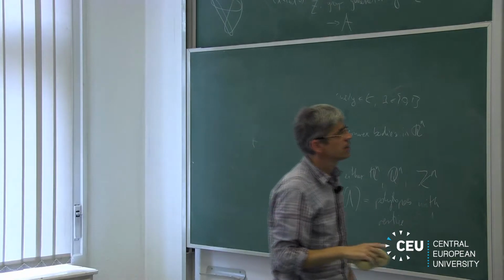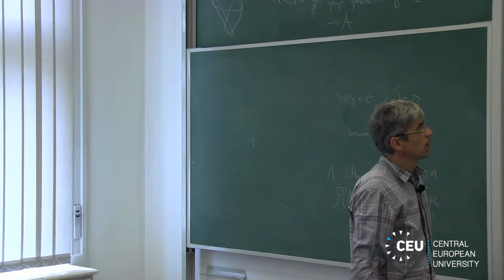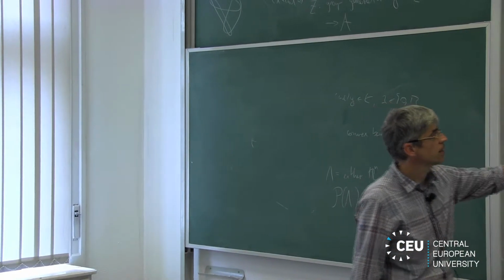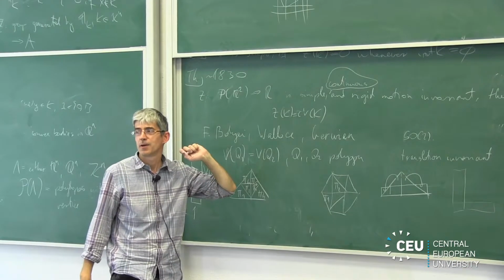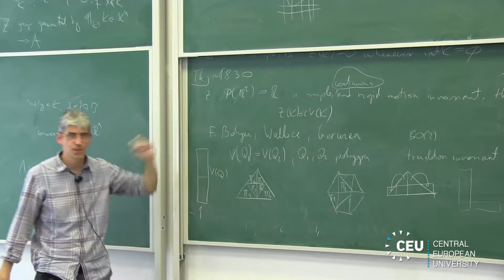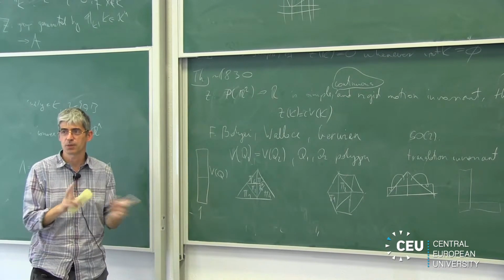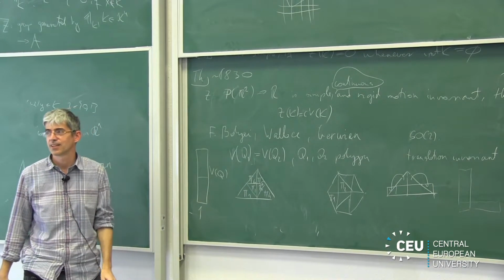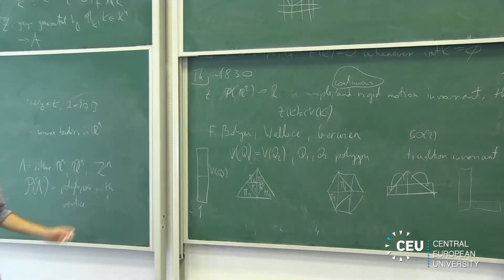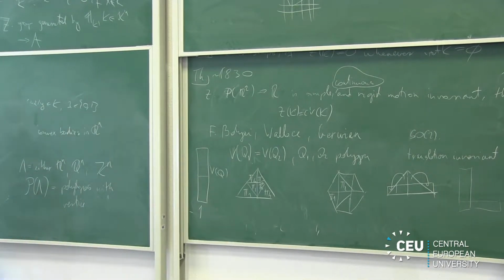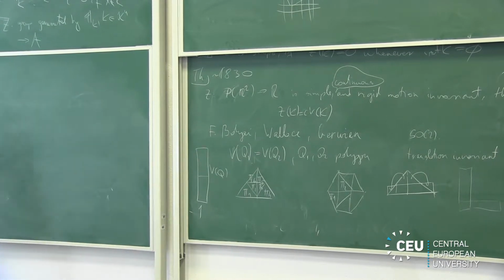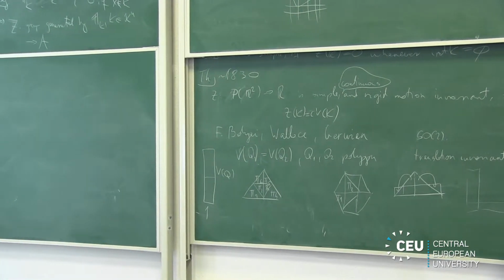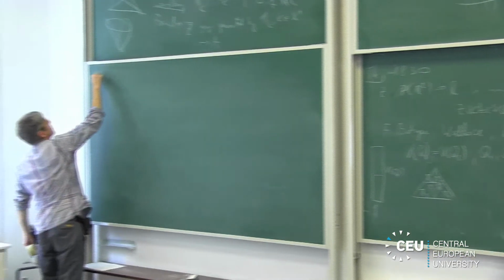Actually, for simple, we will see that the simple continuous rigid motion invariant valuation is only the volume. But there is no cheap solution like this, just taking 2 polytopes, equidissecting, and so on. So you have to work harder. You have to work so hard that the actual solution for this problem was due to Hadwiger.